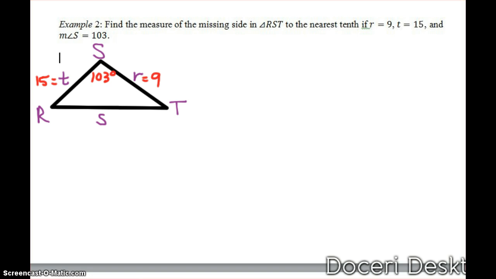So this time we have triangle RST instead of triangle ABC. We're still going to do the same concept here. We want to find the measure of the missing side. The missing side is obviously side S. This is the side we want to find. And so the S's are going to take the place of C in our original equation.